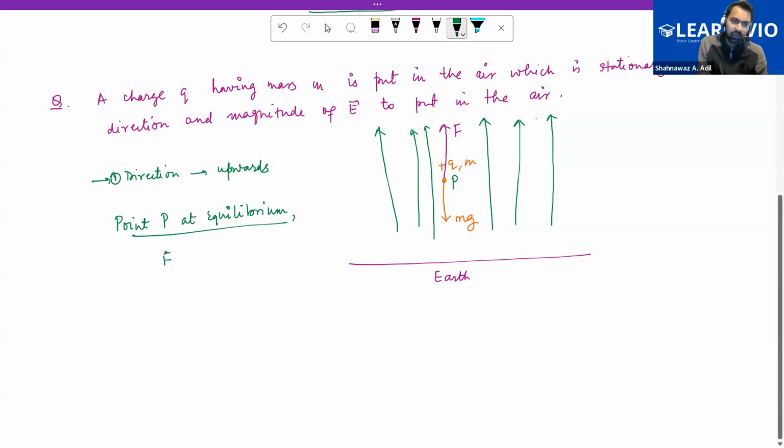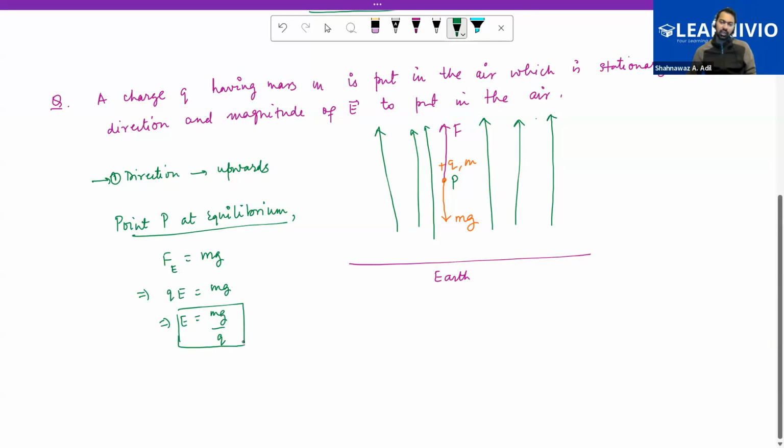So the electric force F equals mg, and this is simply QE. So E would be simply mg by Q. This much electric field we have to provide. Clear?